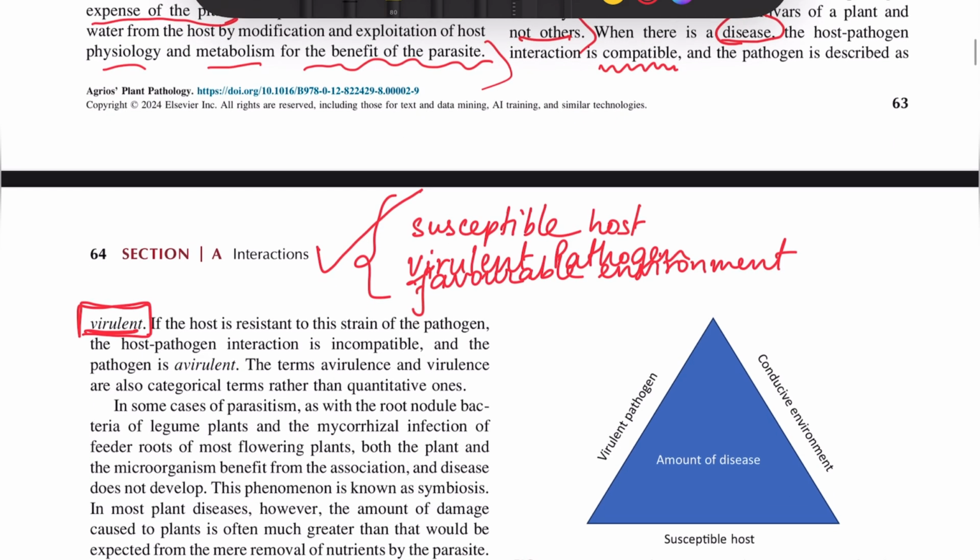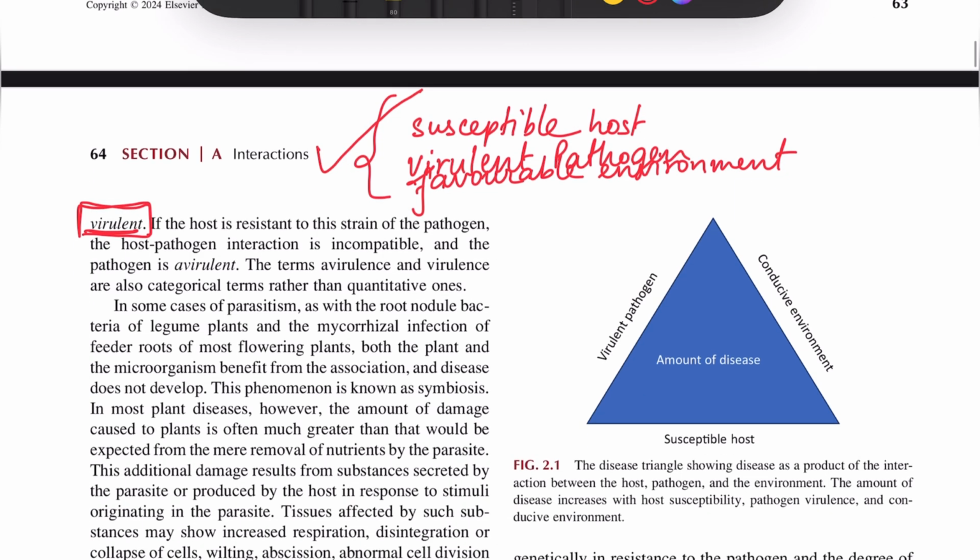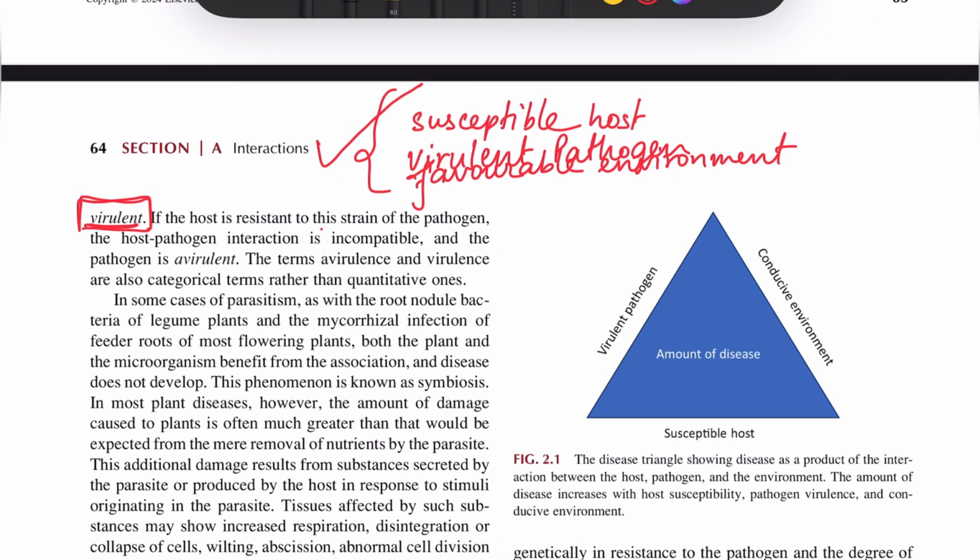So when there is a disease in a host-pathogen interaction, it is called compatible and the pathogen is described as virulent. If the host is resistant to its strain of the pathogen, the host-pathogen interaction is called incompatible. Understood?